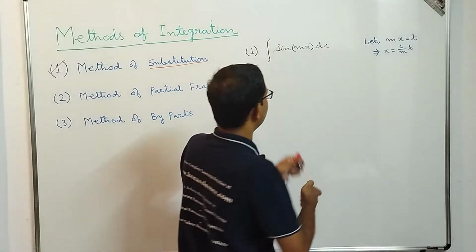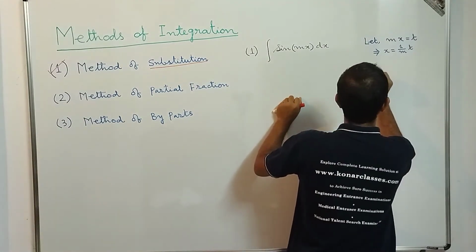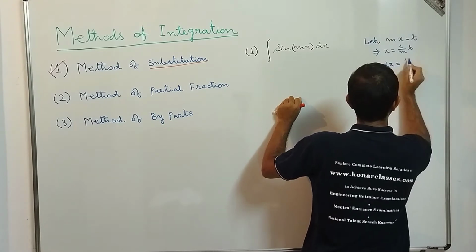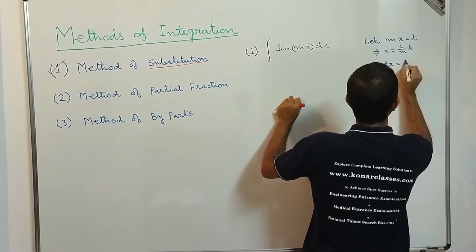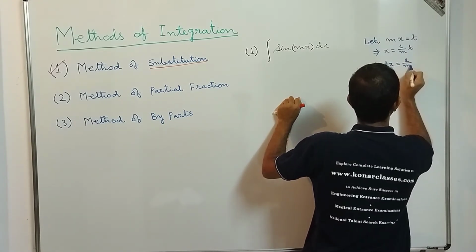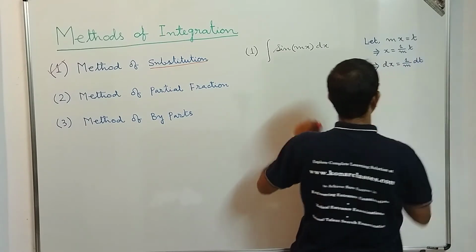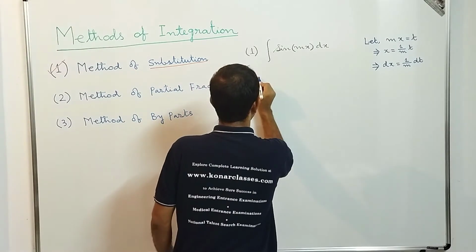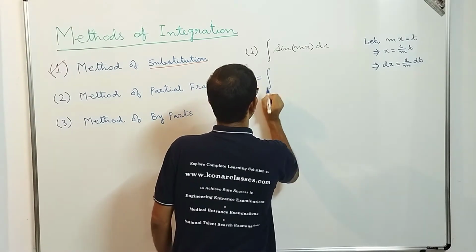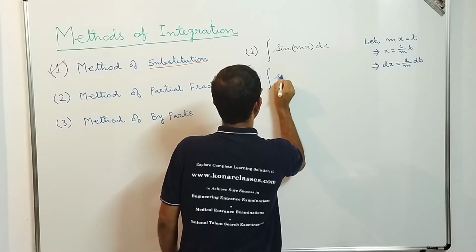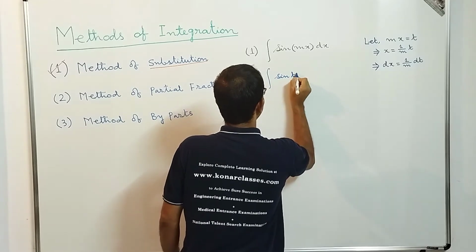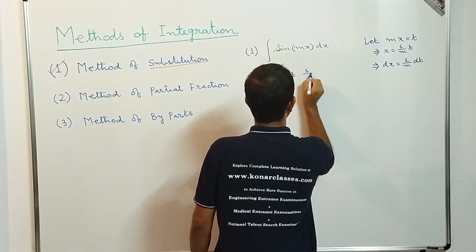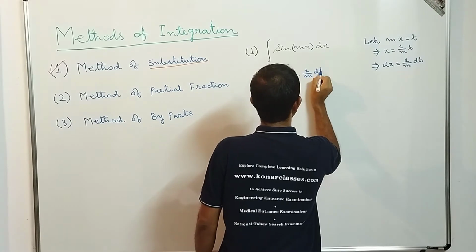Then as a result, dear students, we get dx is equal to 1 by m dt, that is a constant, so we take it out. Now we are going to apply all these values here. This is equal to integration of sin of mx, meaning sin of t, into dx, which is 1 by m dt.